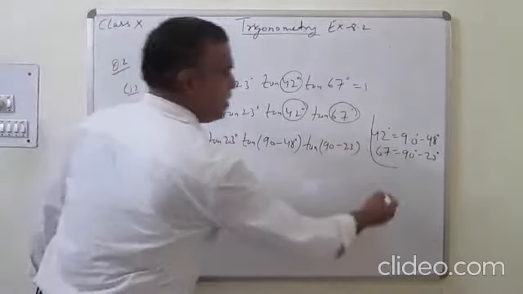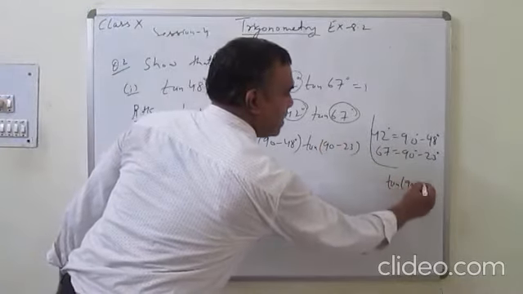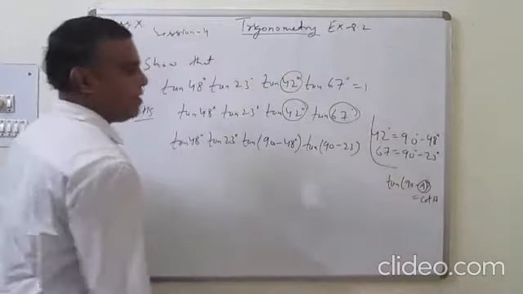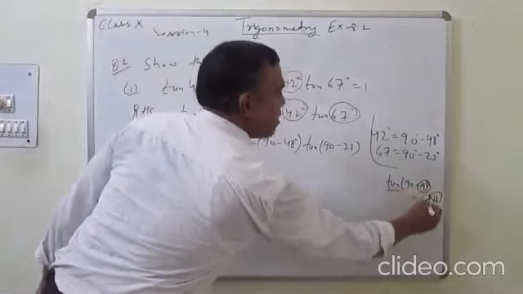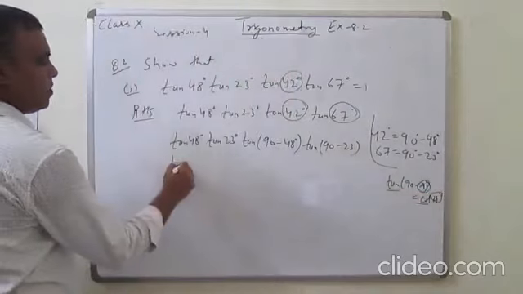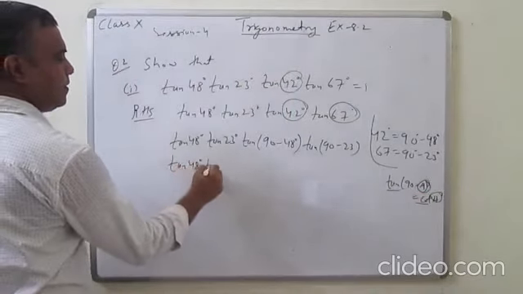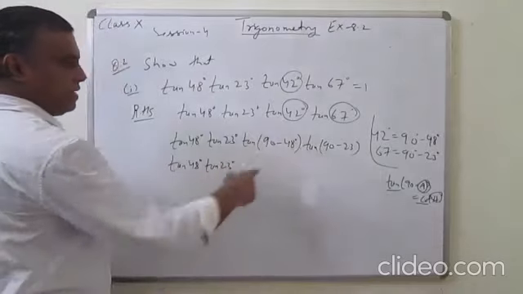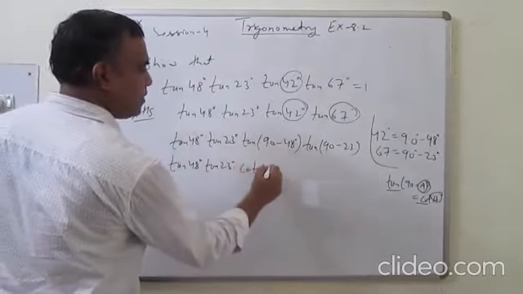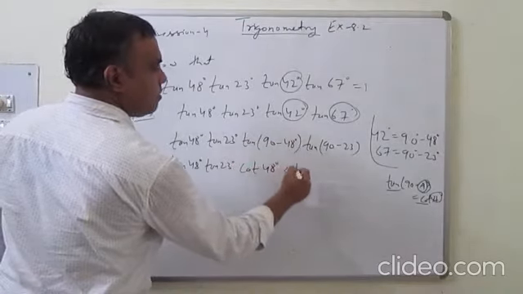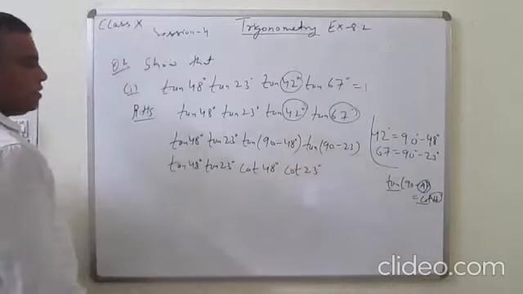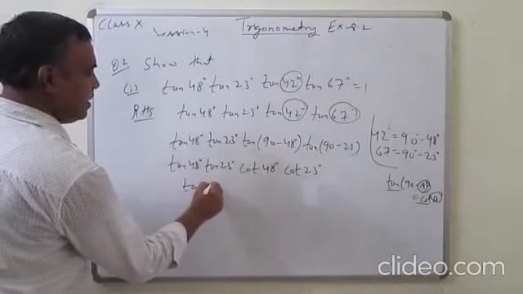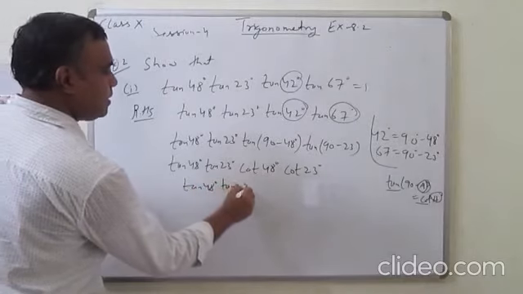We know the formula tan (90 minus A) is equal to cot A. A stays the same, tan becomes cot. So we apply this formula: tan 48, tan 23, cot 48, cot 23.